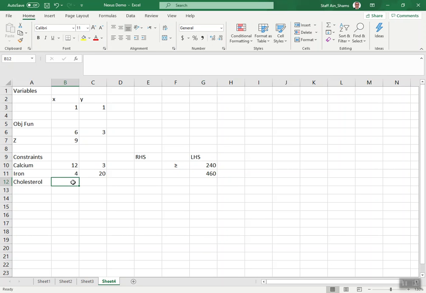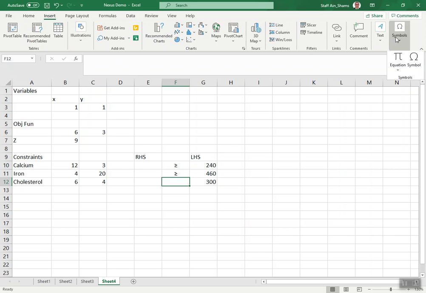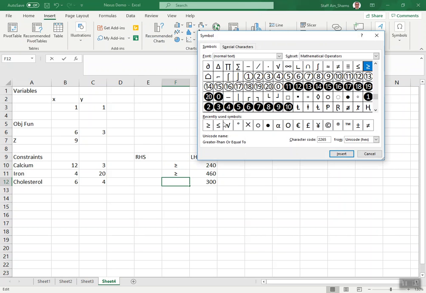For cholesterol, the coefficients are 6 and 4, and the right hand side will be 300. Actually, you should change this, and this will be greater than or equal, but the third one is less than or equal. I will insert here a symbol, and then I will use less than or equal.